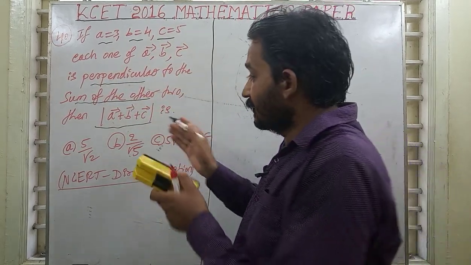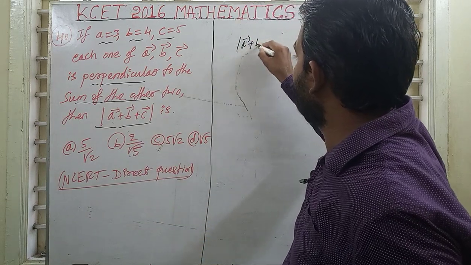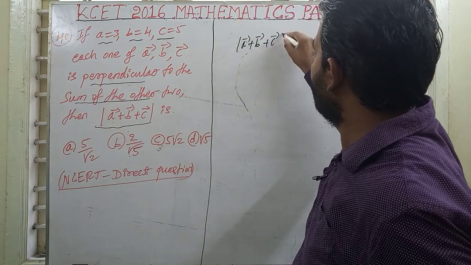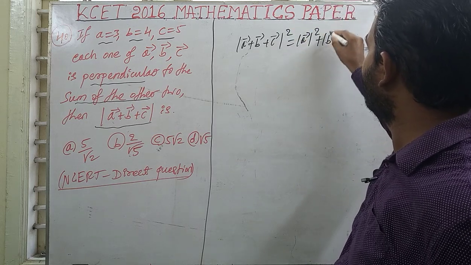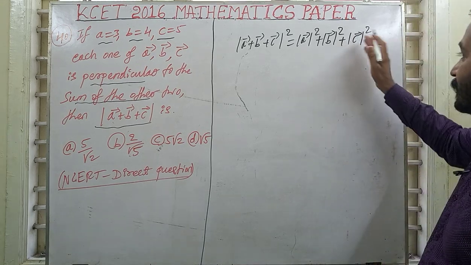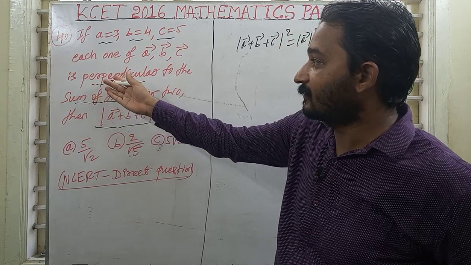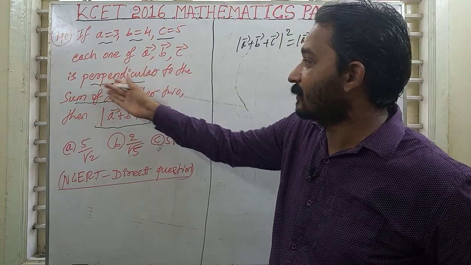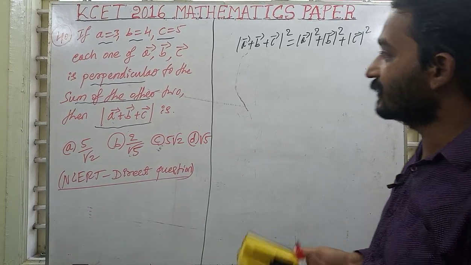Hence the formula can be written as: A plus B plus C whole square is equal to magnitude of A square plus magnitude of B square plus magnitude of C square. That is enough, because the next part becomes 0 by the given condition. So directly we can find the answer easily.